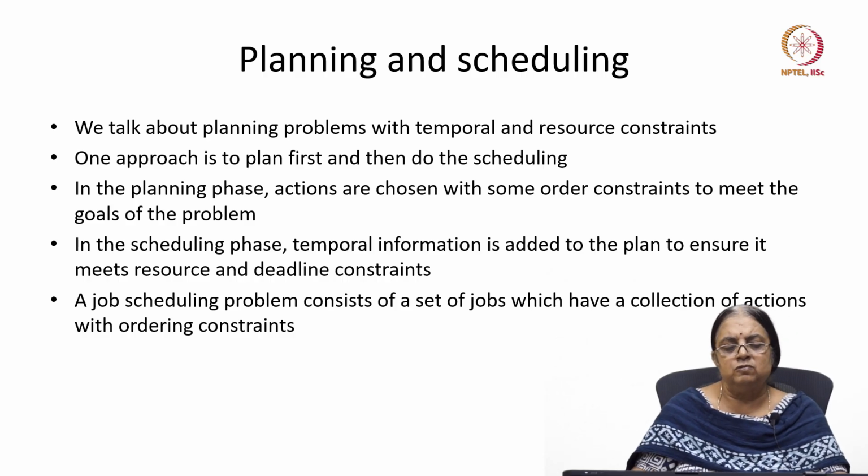So actions are chosen in the planning phase, and in the scheduling phase the information about time is added into the plan, and you ensure that the resources and time constraints are met basically.